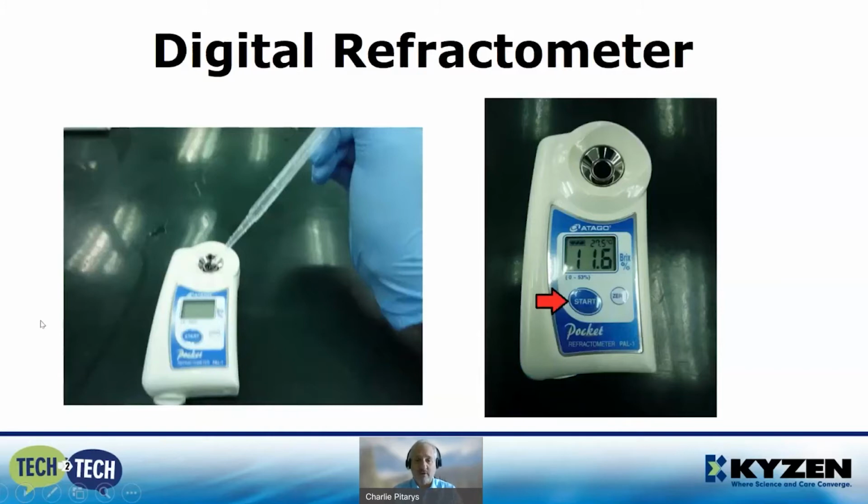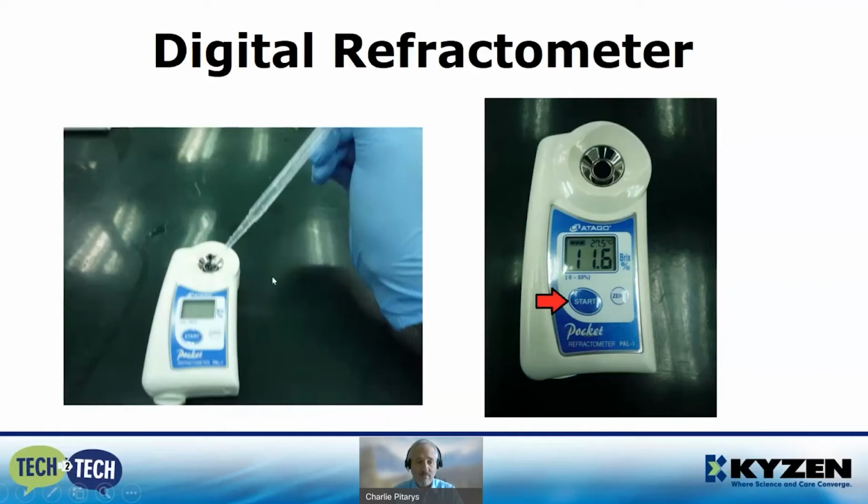They also have digital refractometers available. These are my favorite. It takes the ambiguity out of trying to read that line as shown on the previous slide. You fill the well with the cleaning solution, push the start button, and it provides its own light source through it, and you get your Brix reading.